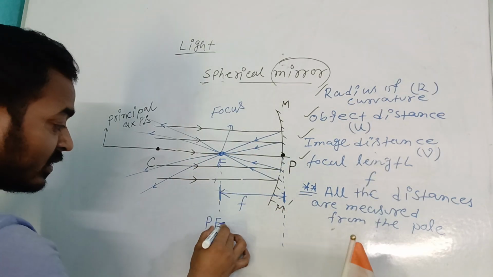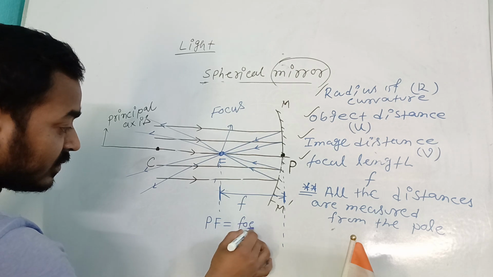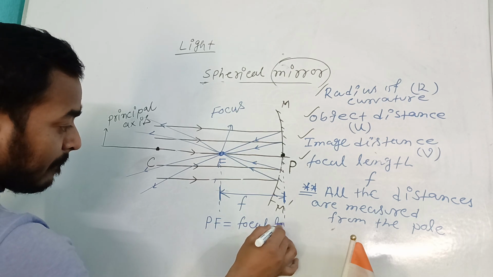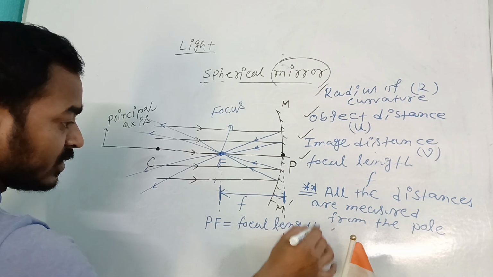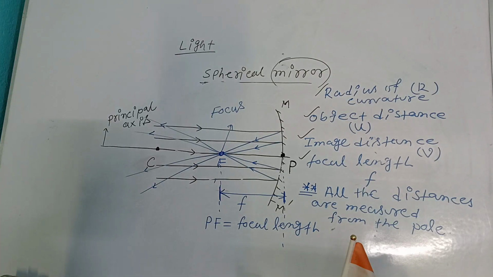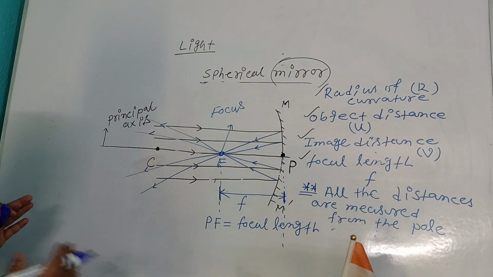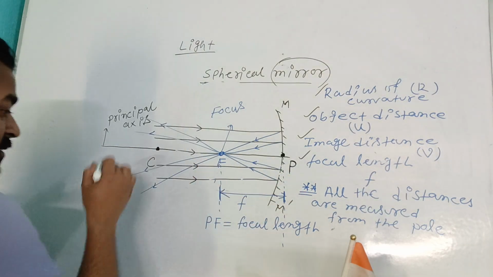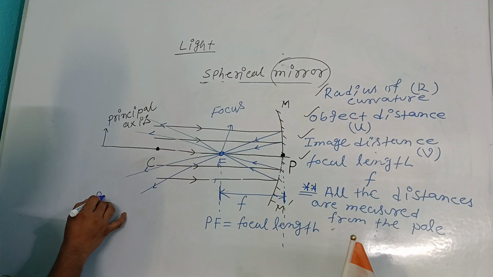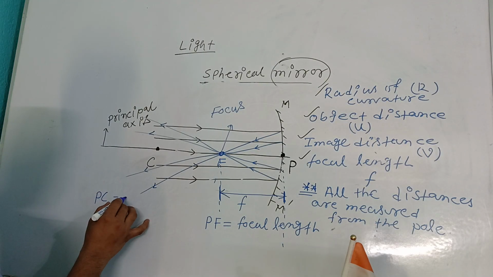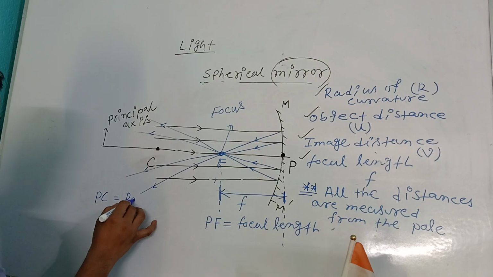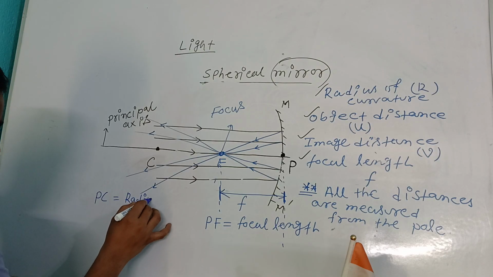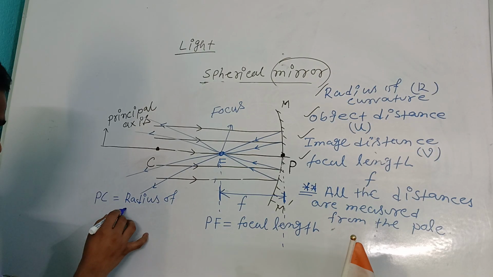PF is focal length. Is it clear? PF is focal length. Next one, PC. We can write PC is the radius of curvature.